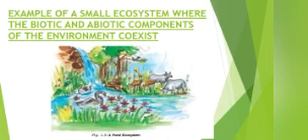Animals release carbon dioxide, which can be used by the trees to make their food. So this is how the three spheres, that is lithosphere, hydrosphere and atmosphere, interact with one another and create the existence of life.